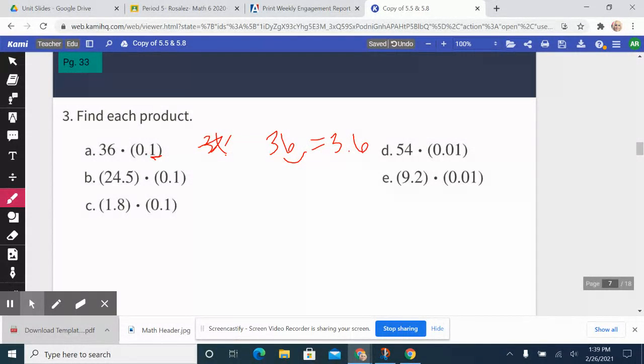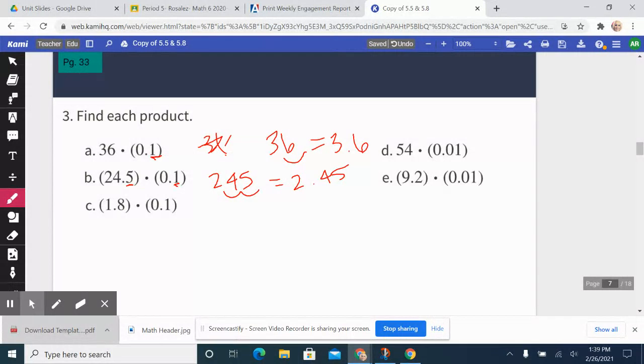So 24.5 times 1 is 245. And your decimal place is 2. You have 1 there and you have 1 there. So you can move it over 1, 2. So your answer is 2.45.